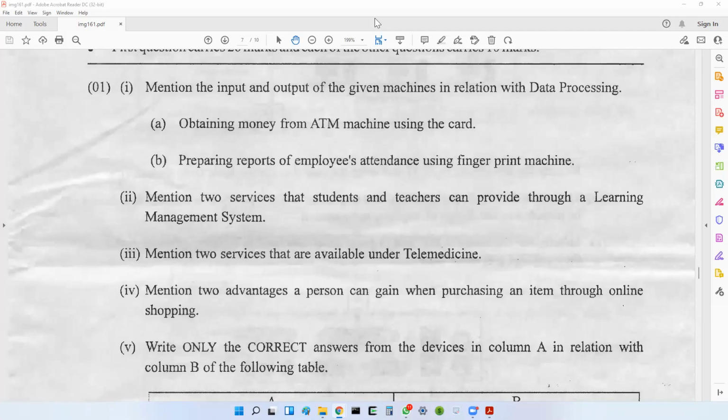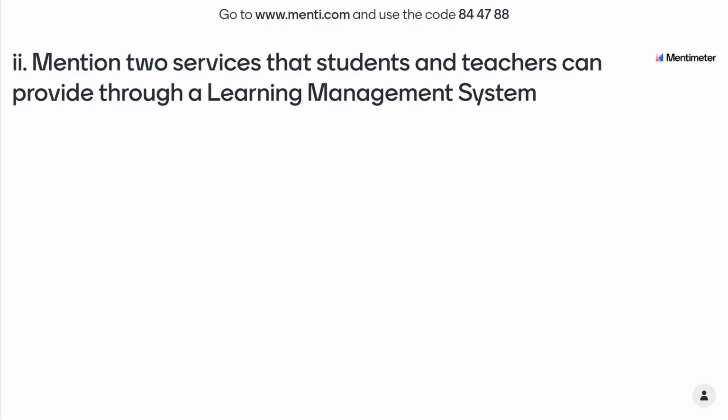Right. Let's start. I'm sharing the system where you can answer. Let's have the answer for the first one. Mention 2 services that students and teachers can provide through a learning management system.